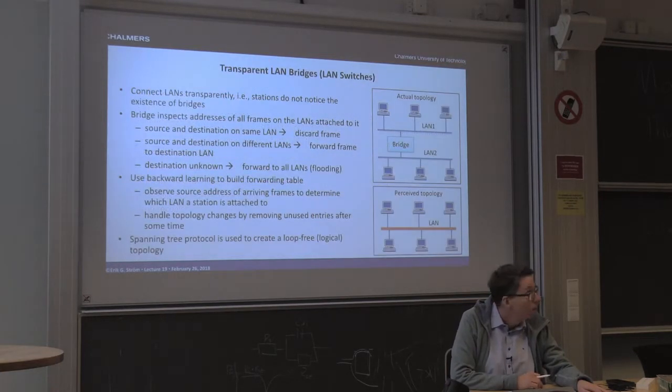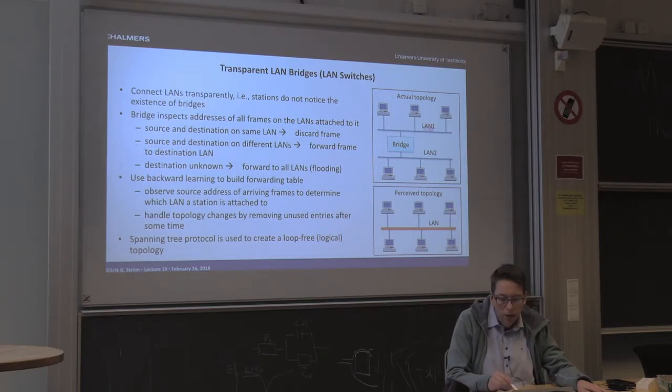LAN bridges, LAN switches, same thing. The idea here is that we have local area networks with some hosts associated with them. We have another local area network here with hosts like this. Suppose hosts on local area network 2 would like to communicate with local area network 1 hosts.